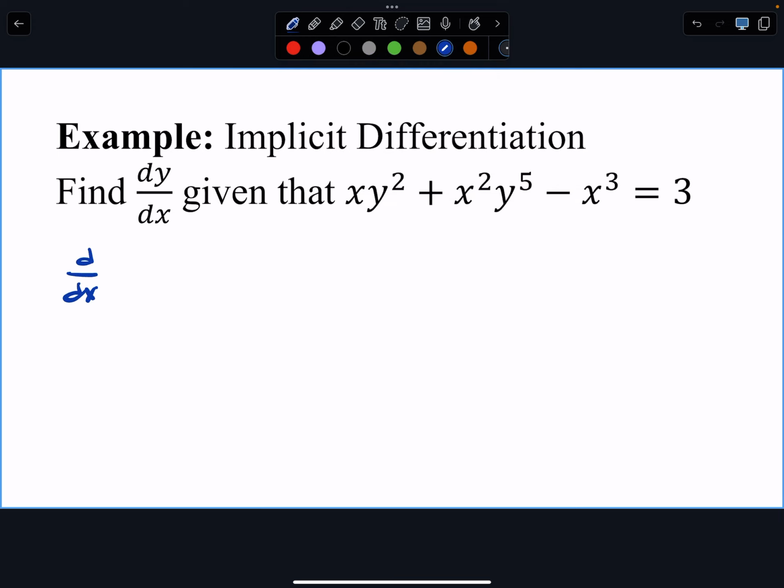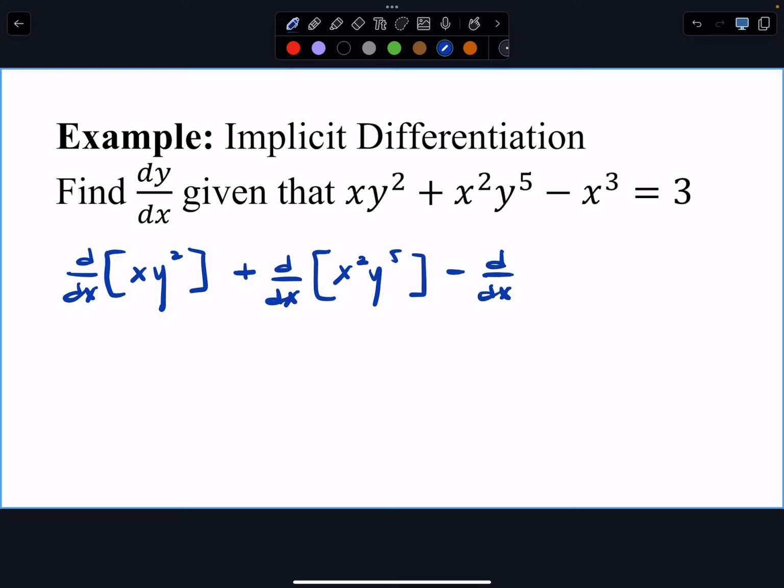I'm just going to go directly to stating that I am differentiating each term with respect to x. Remember, I just need to do one of the two. I just need to make my statement that communicates that I'm going to differentiate with respect to x. But the question's already asking you to do it, so would it be weird if it's not what you were doing? Here's the thing.